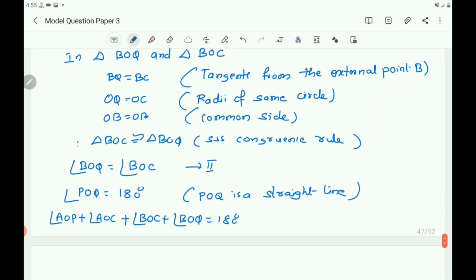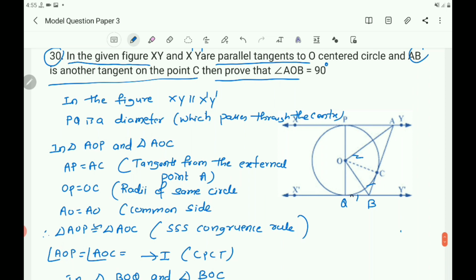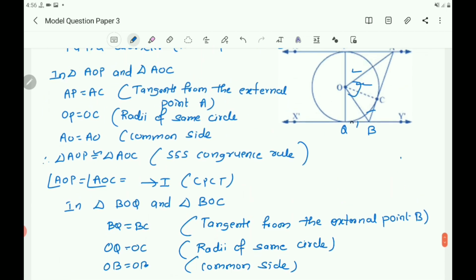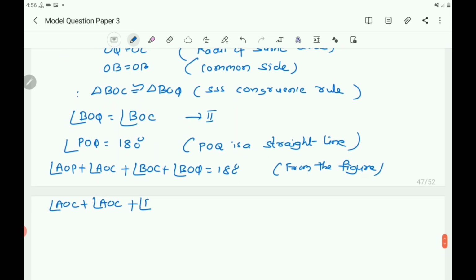Now, so you take from the figure. Now here you must prove that this angle is 90 degrees. Therefore, in the place of AOP, write AOC from first. So you write angle AOC plus angle AOC plus angle BOC plus angle BOC.